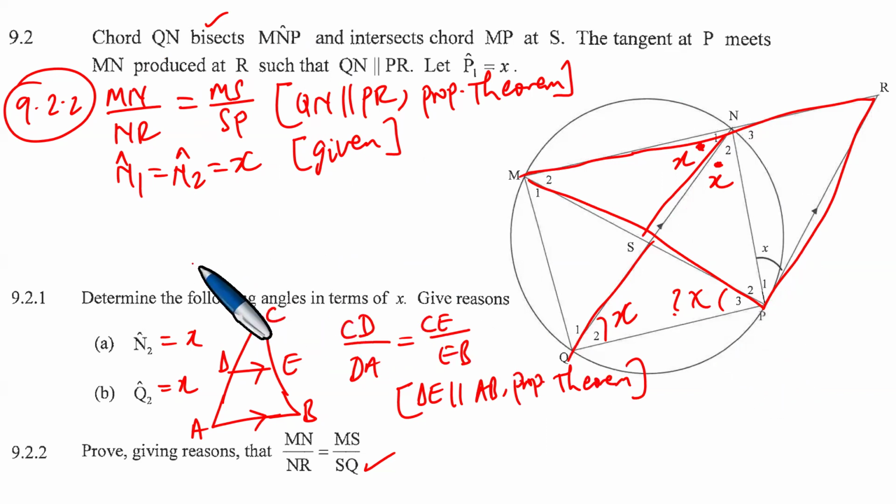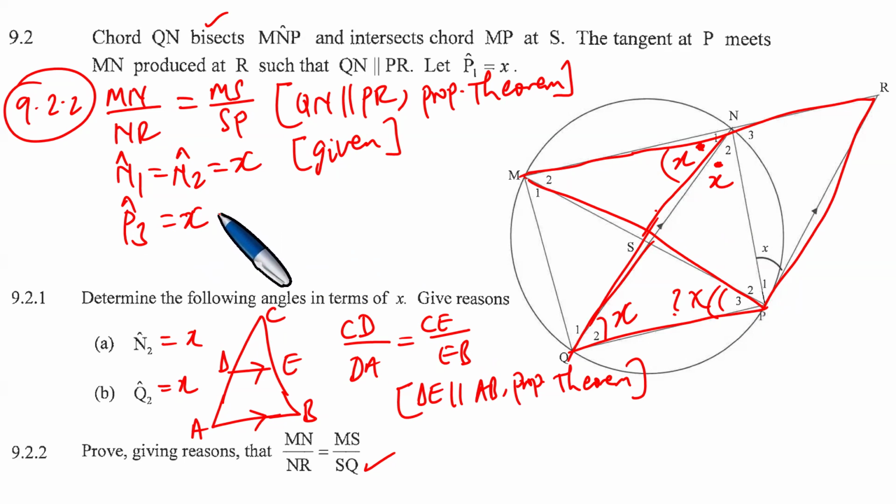Now, moreover, if you look very carefully, the angle P3, this one is forming a butterfly, a bow tie, so that this angle is equal to this. In other words, we're able to see that angle P3 is equal to x.